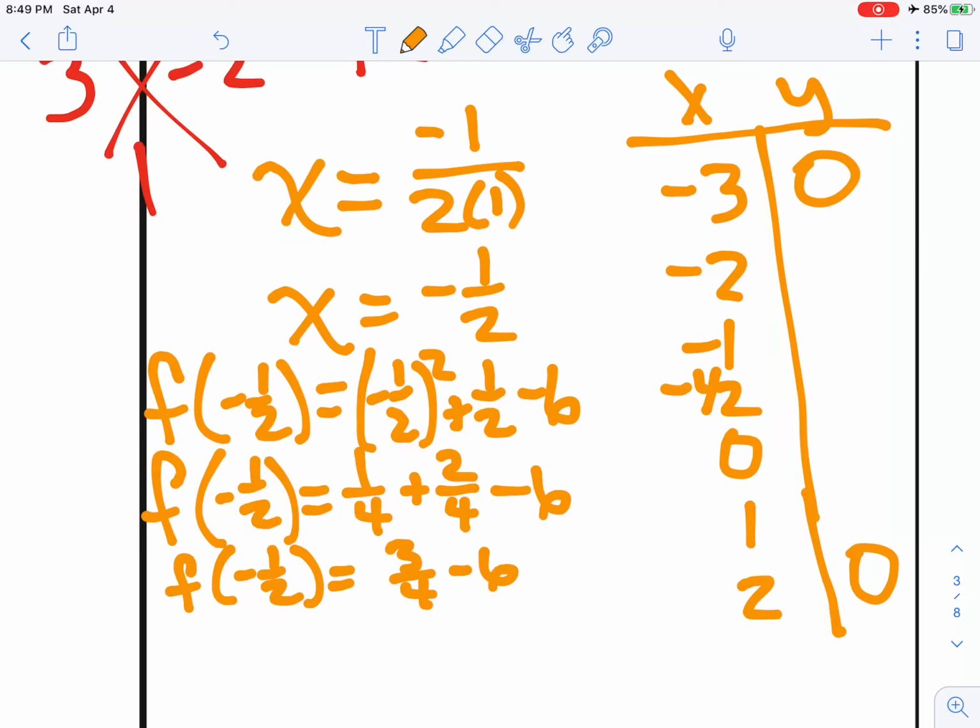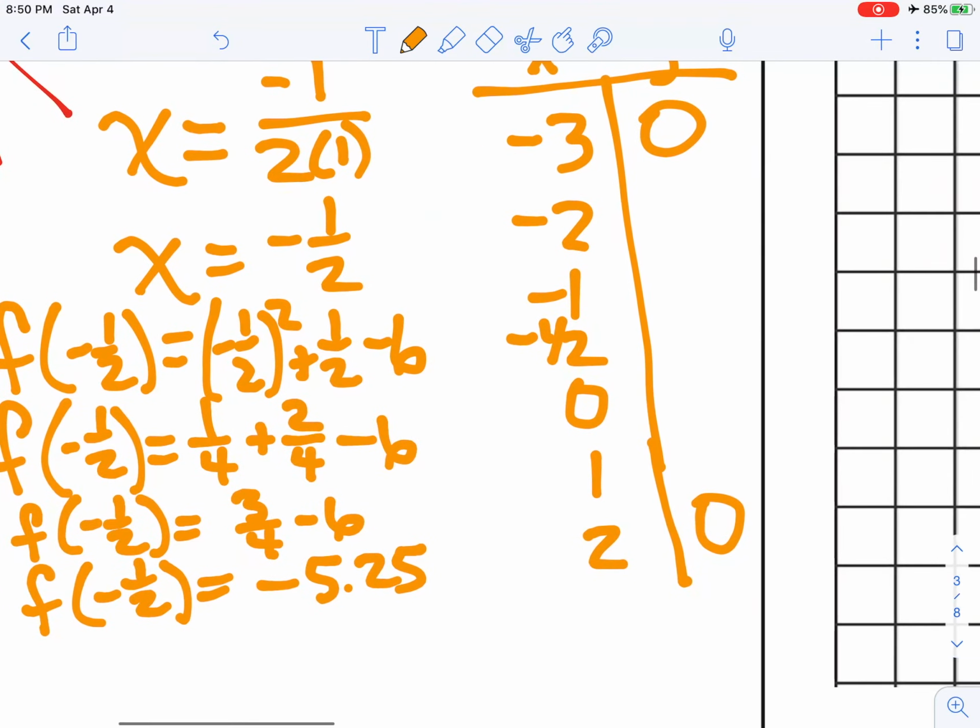That would be 3/4. Guys, isn't this the same thing as 0.75 minus 6? So that would get me -5.25.